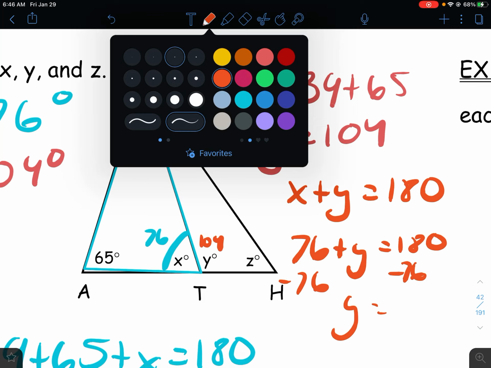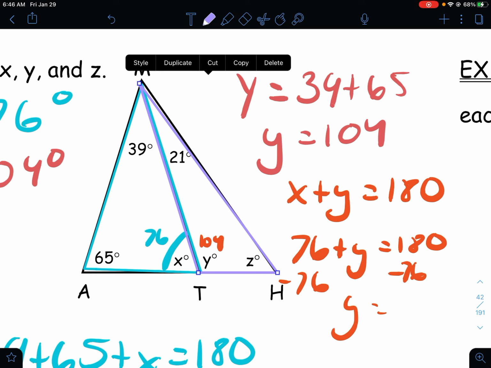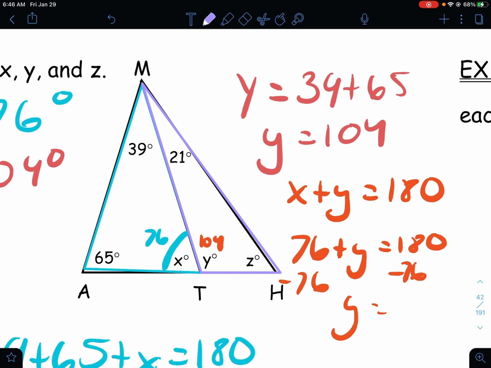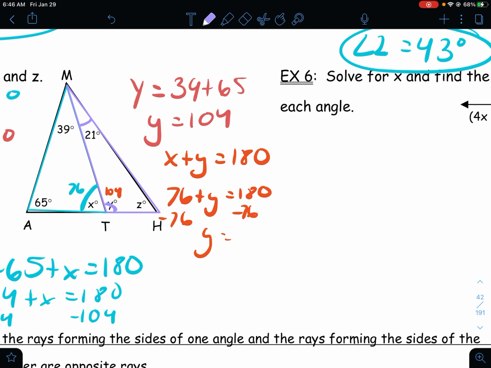So if we look, we have a second triangle here, this MTH triangle, and we have two of the angles, right? We have that this guy is 21, and we have that this guy is 104. That means that we're just missing z. And we know that all three of those angles, because they're the inside of a triangle, need to add up to 180.